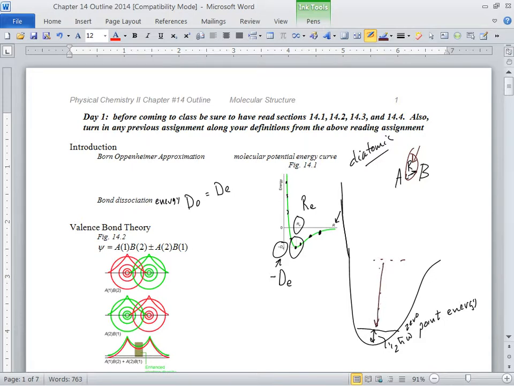This would be DO. If DE is the whole thing, then DO would be DE minus 1/2 h bar omega. Does that make sense? It wouldn't just be the depth of the well that you calculate. It's going to have to be minus 1/2 h bar omega, the zero point energy.